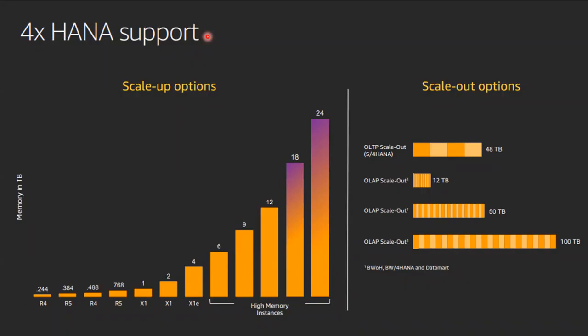This is for OLTP, and OLTP can even scale up to 48 terabyte. We have UB metal servers which now support 48 terabyte of memory. And for OLAP scale out, you can go up to 50 terabyte of memory. And even now with a 25 node cluster, you can go up to 100 terabyte.